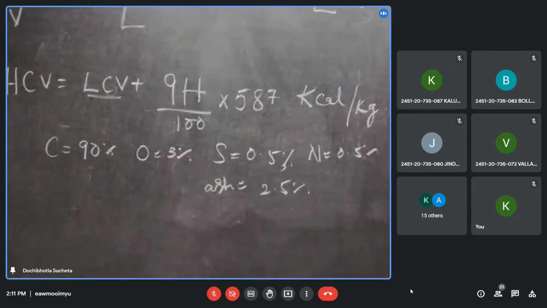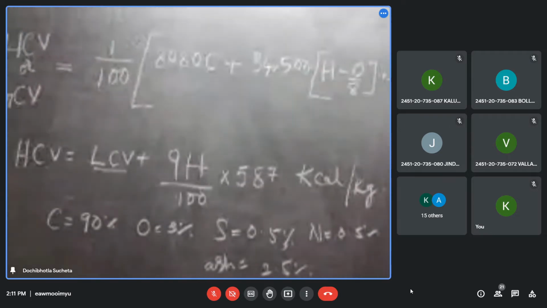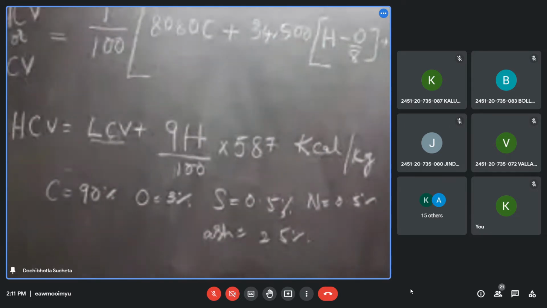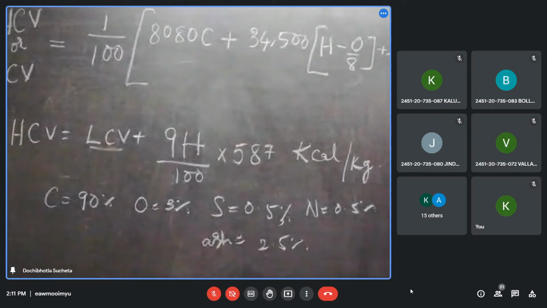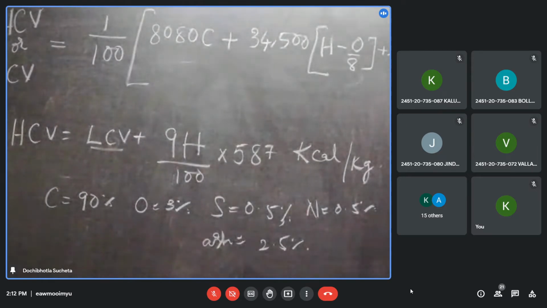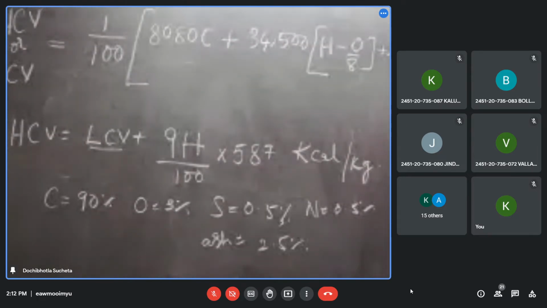Check the answer. Before I start discussing today's numericals, I'll have to do a small revision. What did I say yesterday? Combustion is an exothermic oxidation reaction, and oxygen actually burns the carbon and hydrogen present in the fuel.